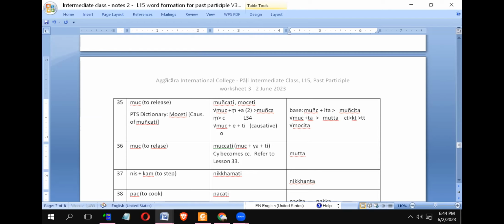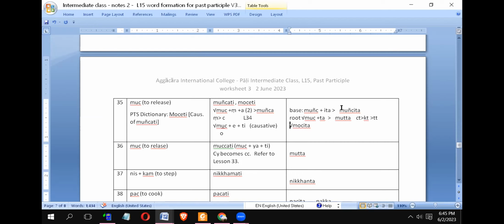Okay, next one. This one is from where? Okay, so this is coming from the mochita. Is it a root here? Is it coming from root or coming from base?